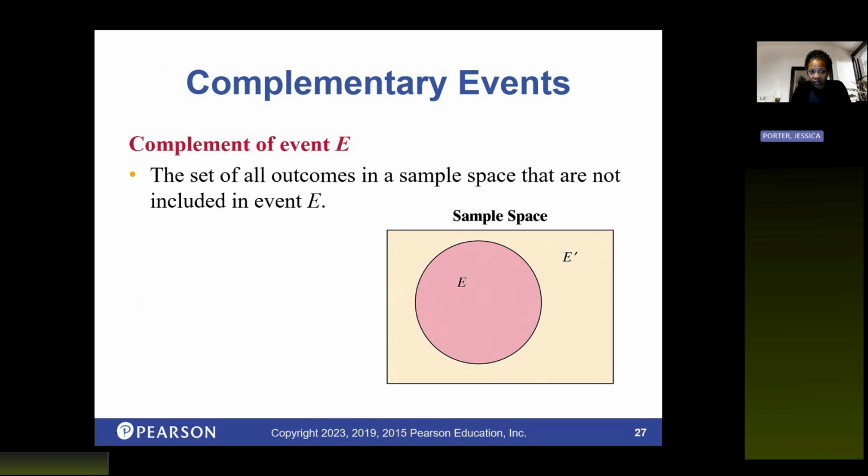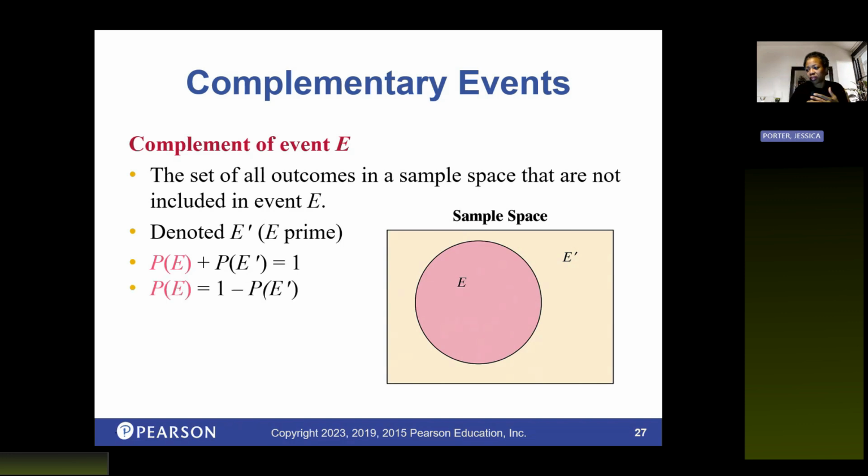The complement of event E, and you actually did this on a previous question, is going to be all the events that are not included in event E. So we denote that by E prime. The probability of the event plus the probability of its complement is going to be equal to 1. Notice if I add the circle and what's in the square, I have the entire box, which is equal to 1.